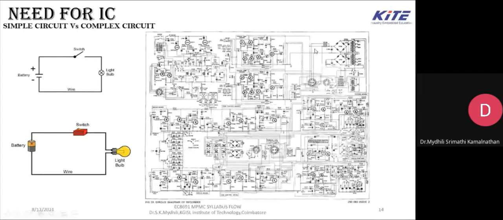So can you see this complex circuit which is shown here? This is the circuit diagram of a recorder, which consists of numerous transistors, resistors, inductors, capacitors, diodes, etc. I hope you people haven't forgotten that BEEE class.